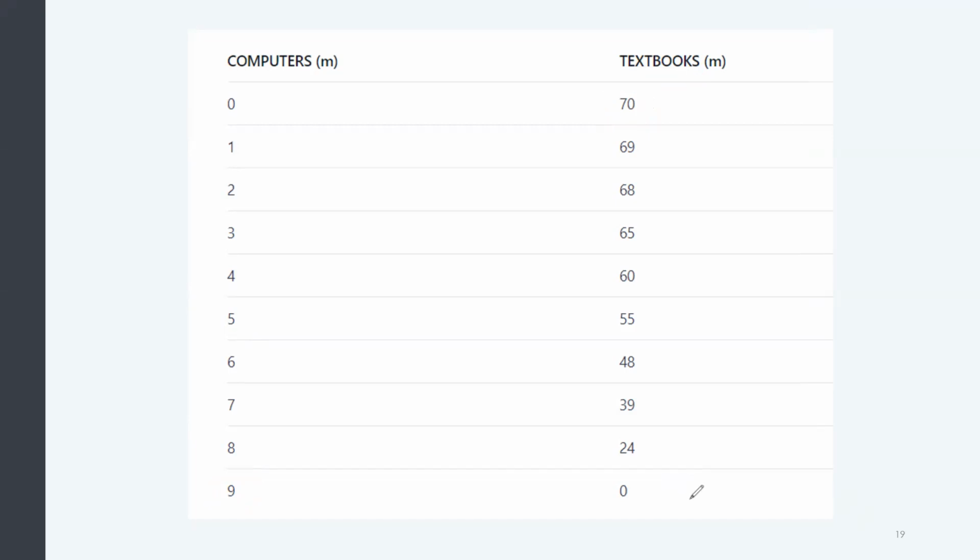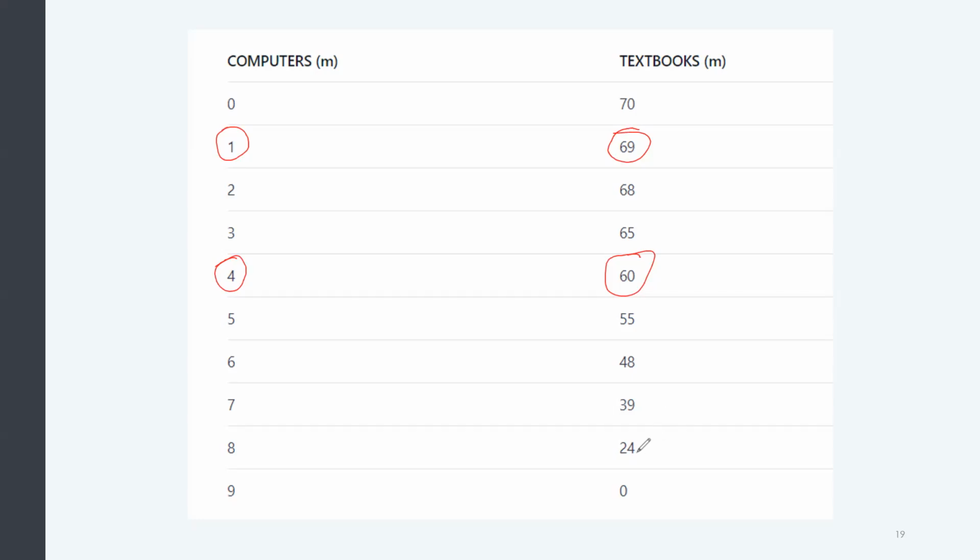So it then shows us that if they choose to produce 69 million textbooks, they can also produce 1 million computers. If they choose to produce 60 million textbooks, they can also produce 4 million computers, right? They are combining their resources in different ways.